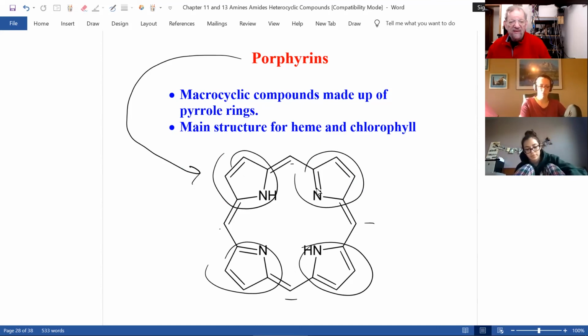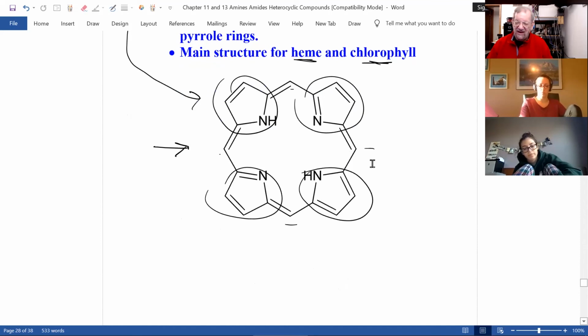Now, it turns out porphyrin is the basis for heme, like in your blood hemoglobin, and chlorophyll, like in photosynthesis. If you don't have chlorophyll, you don't have photosynthesis. We don't have plant life on this planet, and we're dead because we don't have anything to make oxygen.